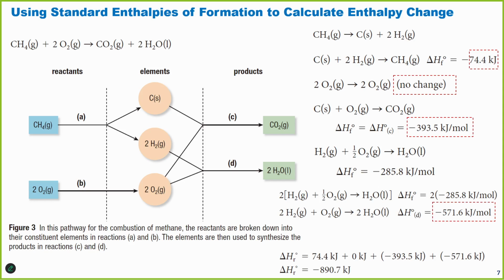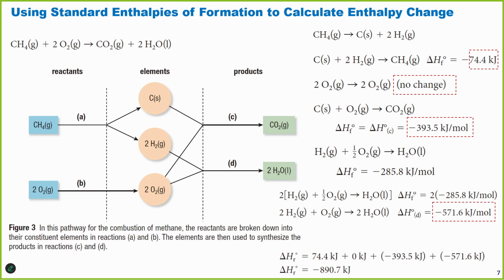Consider the combustion of methane gas, CH4, represented by the balanced equation, which is shown here on top left. Figure 3 illustrates one possible pathway for the combustion of methane.